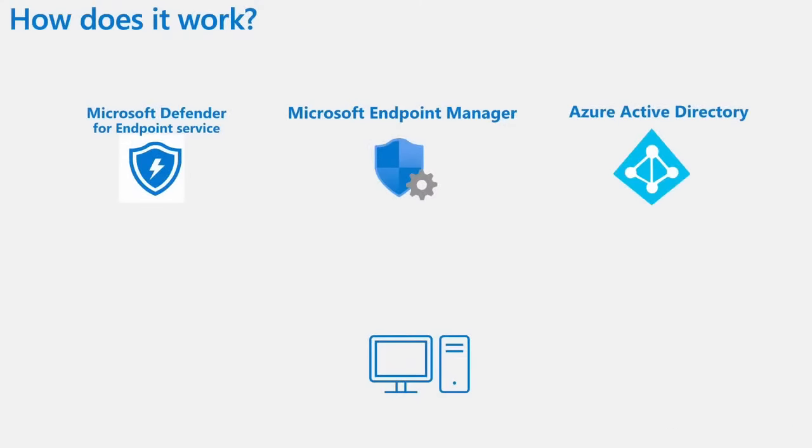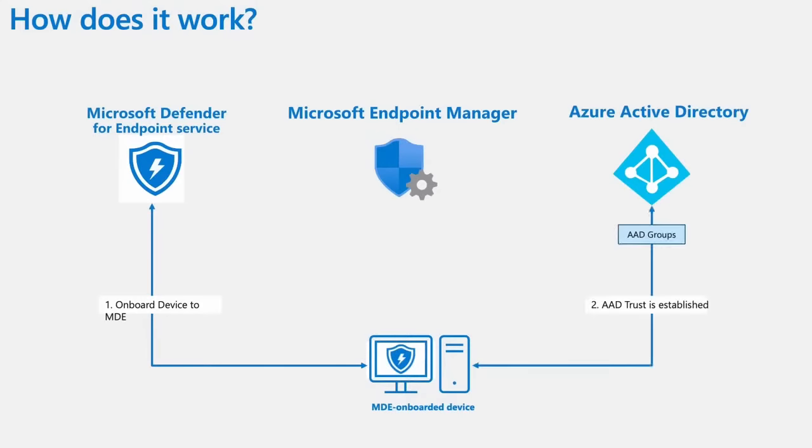When using security management for Defender, first, the devices must be onboarded to the Defender service. A trust is established between each device and Azure Active Directory. When the device has an existing trust, that is what is used. When devices haven't registered, a new trust is created. Devices use their Azure Active Directory identity to communicate with Intune.